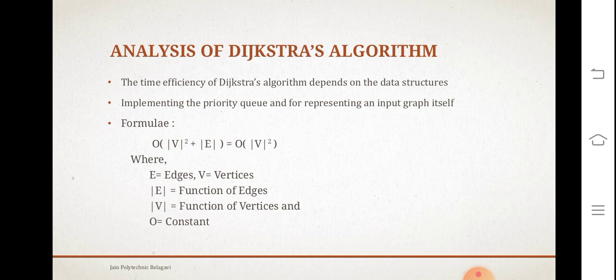So what formula we can use is big O of number of vertices square plus number of edges equal to big O of number of vertices square, that is V square, where E stands for edges, V stands for vertices, then function of edges, then function of vertices, and big O, that is constant.